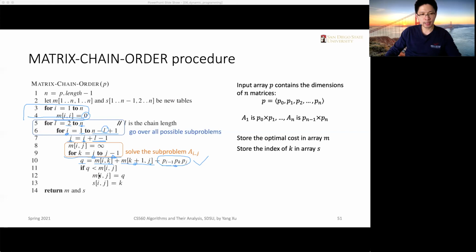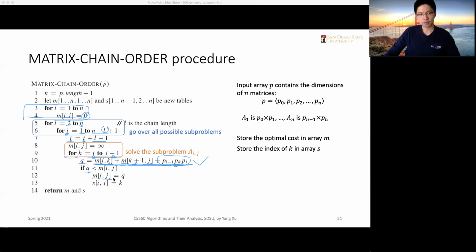So we only update the values for M[i][j] when we have smaller candidates. Q is the summation of this cost, because we want to find the optimal solution, which is the way to cut the chain that results in the smallest number of scalar multiplications.